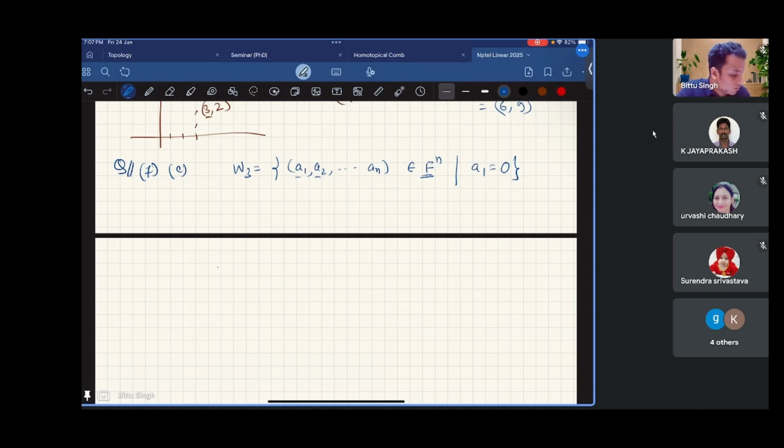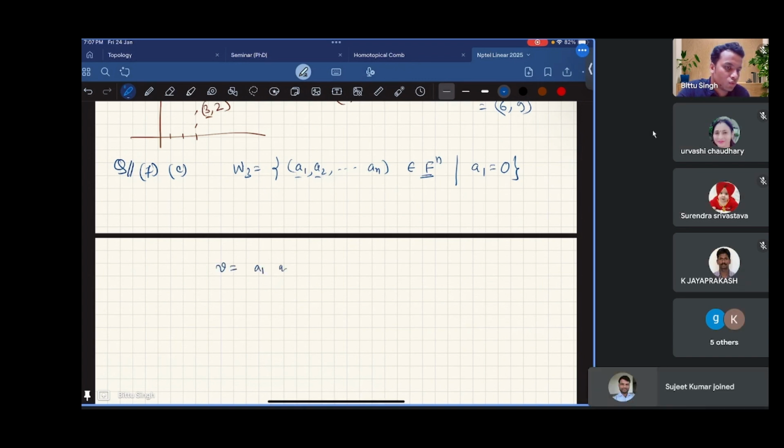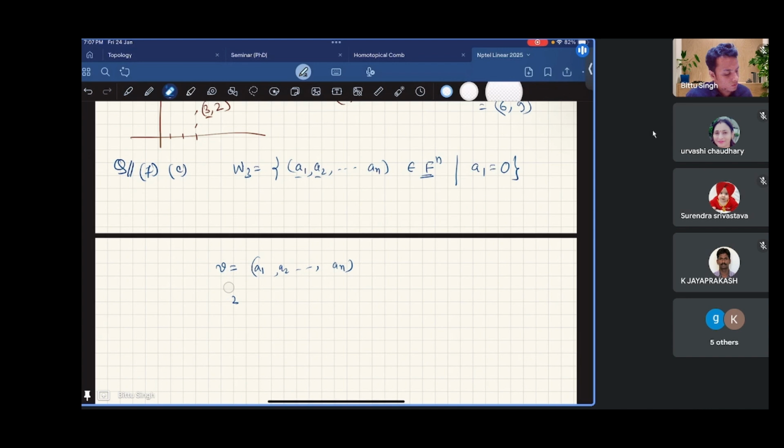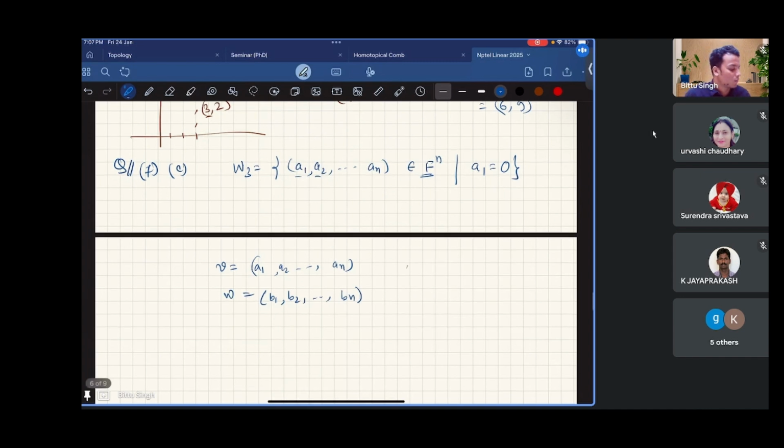Now let this vector v be a1, a2, up to an, and another vector w be b1, b2, up to bn. So v and w belong to W3.